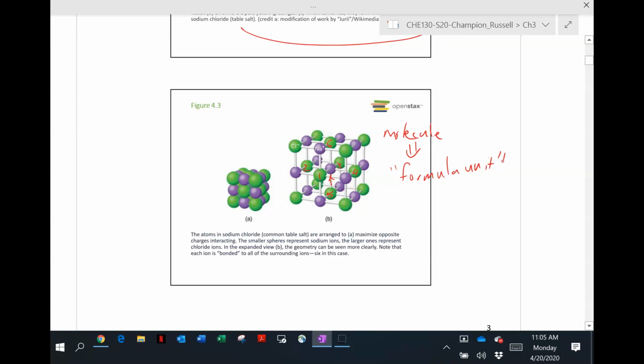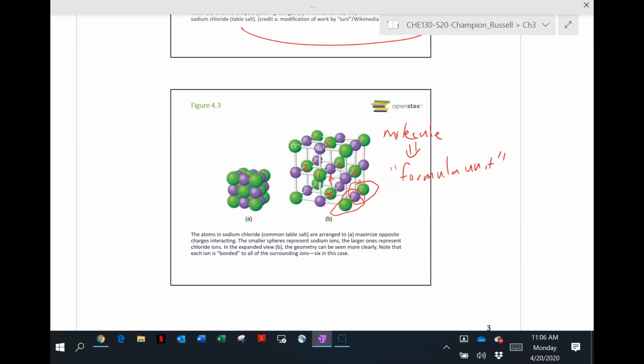It's because it's kind of hard to say, does this sodium go with that chlorine, or does that sodium go with that chlorine over there? Which one would be the molecule? So it's really a formula unit that expresses the ratio of the elements in it. A is probably the more realistic view of this, where you're looking at the ions where they're actually touching each other.